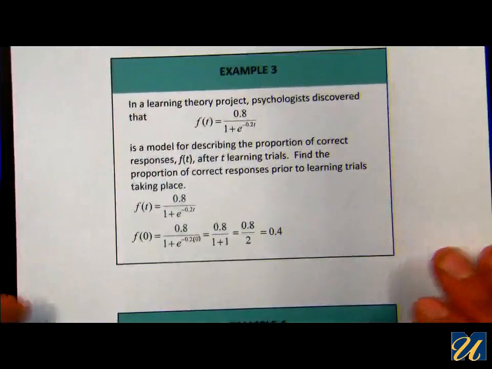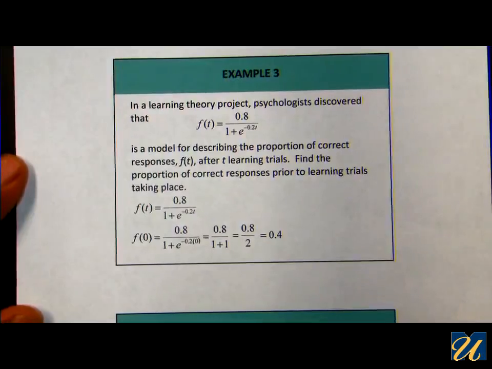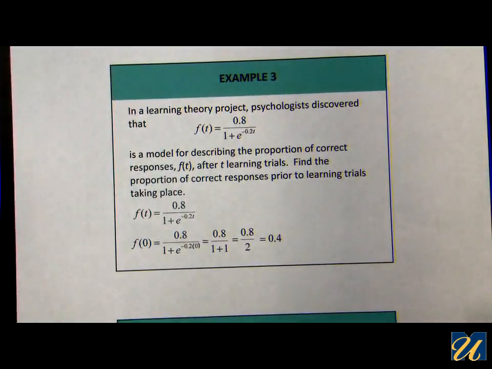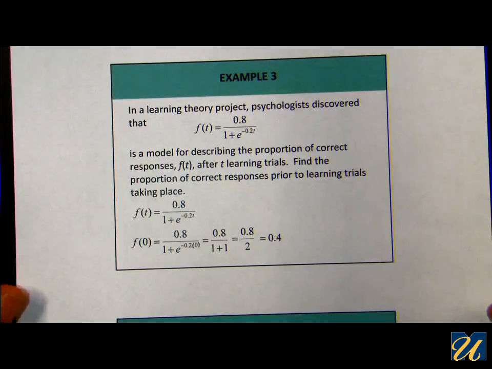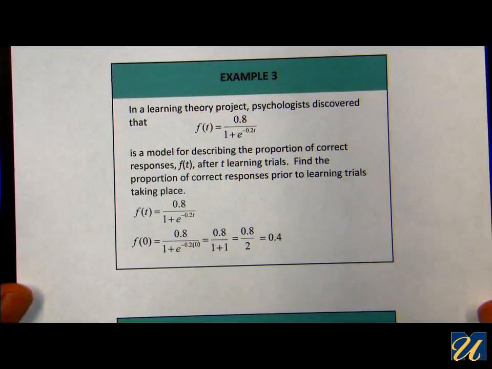Example 3. In a learning theory project, psychologists discovered that this logistic growth model is a model for describing the proportion of correct responses, f of t, after t learning trials. Find the proportion of correct responses prior to learning trials taking place.